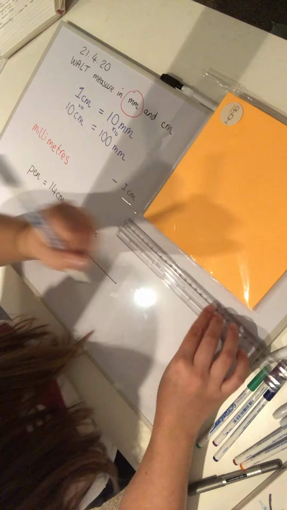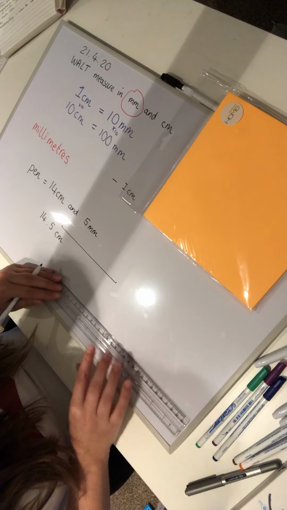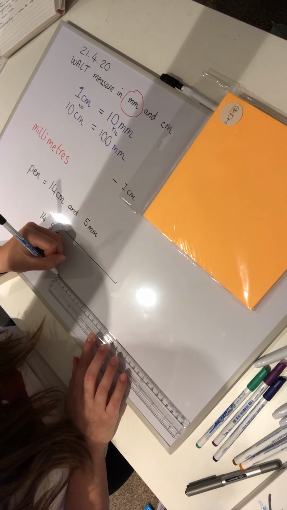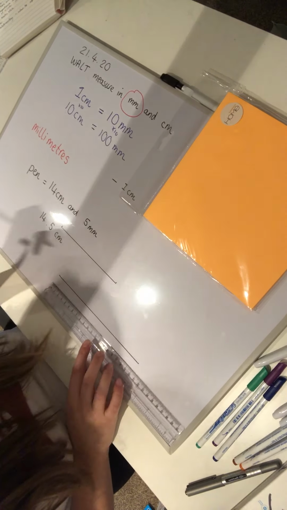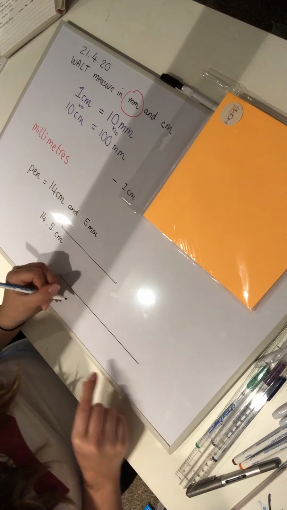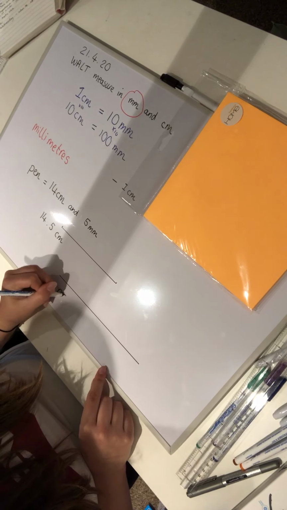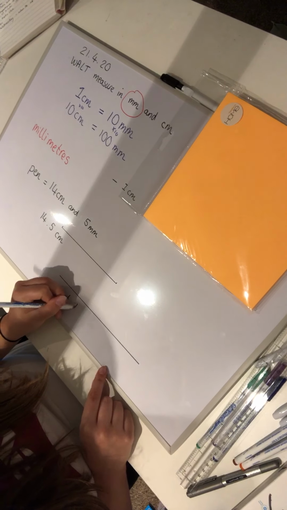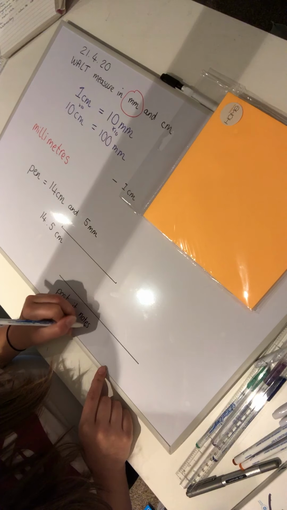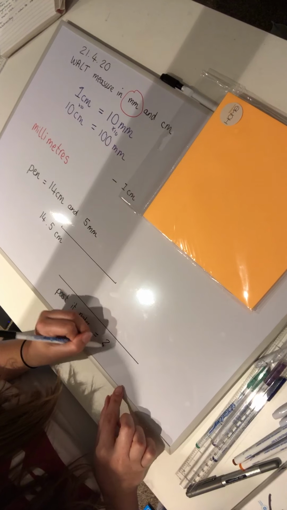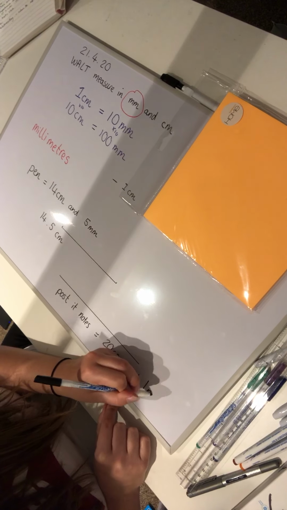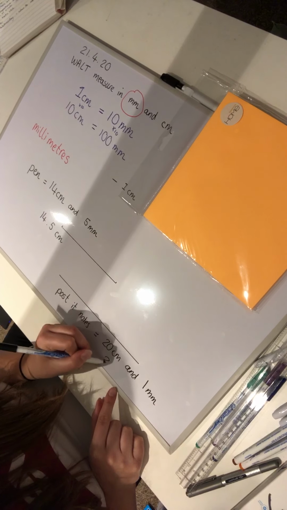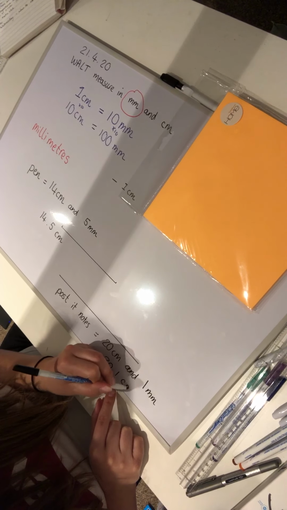Oh, it's just over. Okay, so the post-it notes, I'll draw the line here so you can see. The line went all the way up to 20 centimetres and 1 millimetre. So the ginormous post-it notes equaled 20 centimetres and 1 millimetre, and I could also write that as 20.1 centimetres.